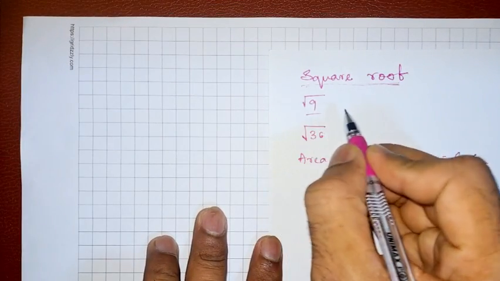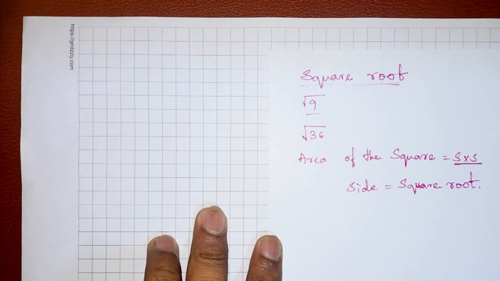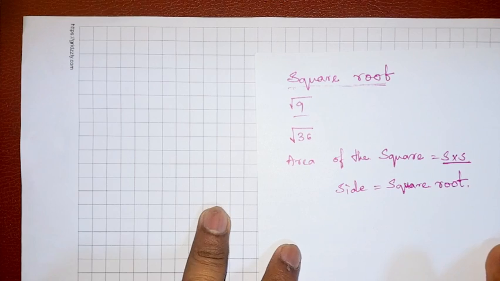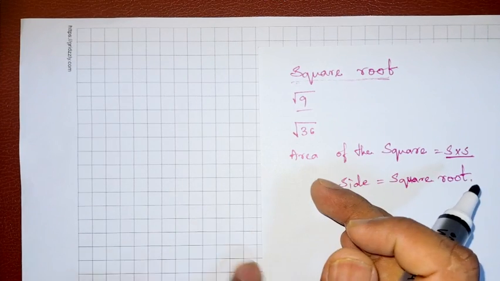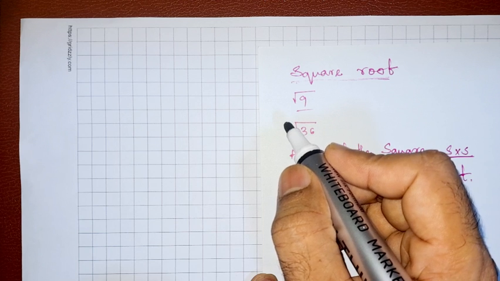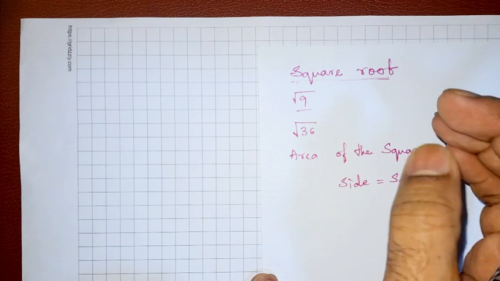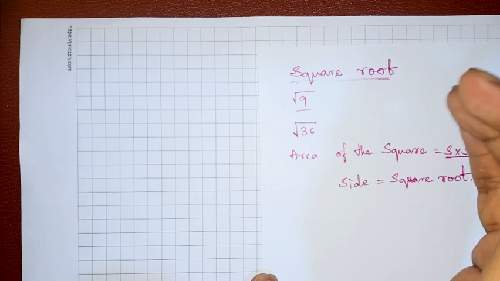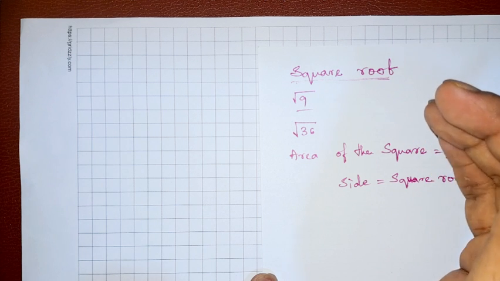Now let us start with 9. Suppose they have given the area of the square, that is 9. How are we going to find its side? Basically, we find the square root of perfect square numbers. This 9 is a perfect square number.